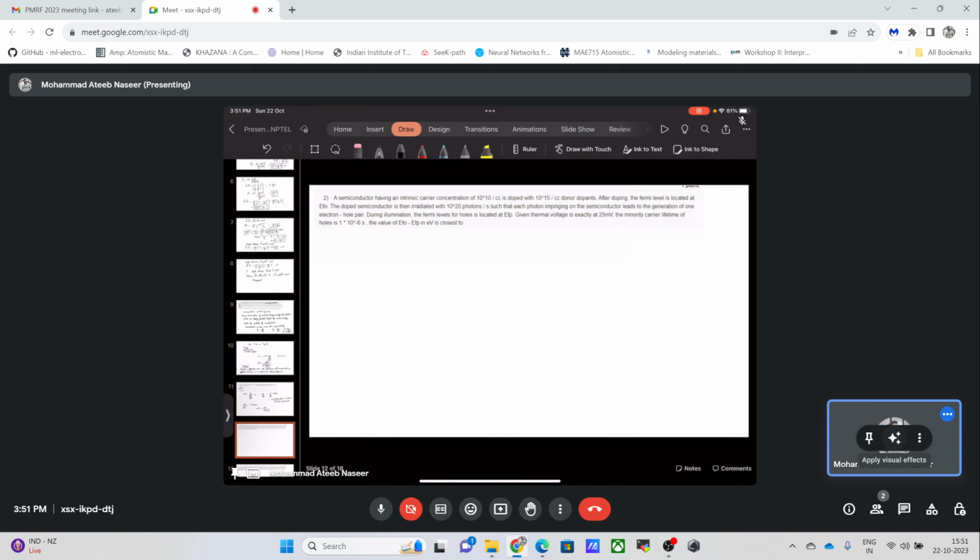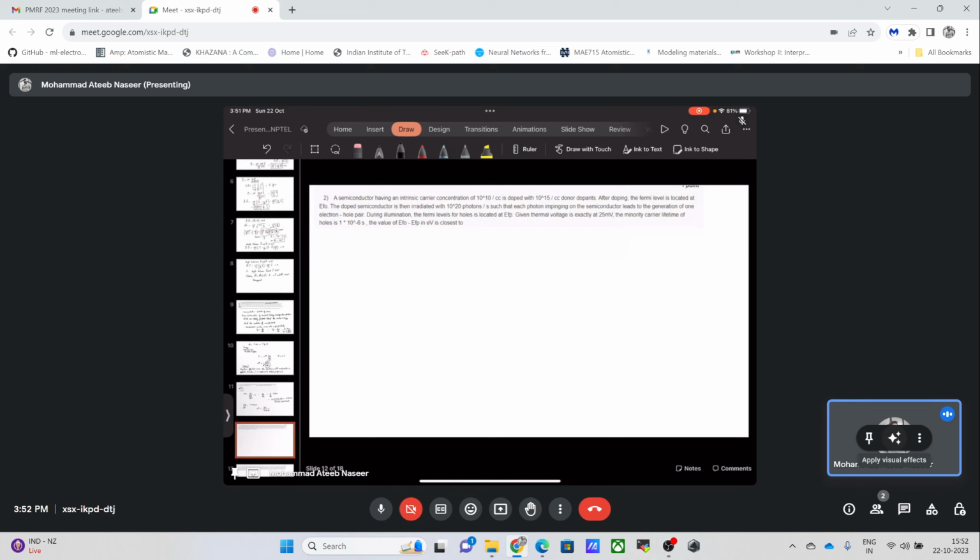Now let's deviate from the conventional energy band structures we have been dealing with and move towards the carriers. How do we quantify these carriers in terms of the energy relations that we have been obtaining till now?